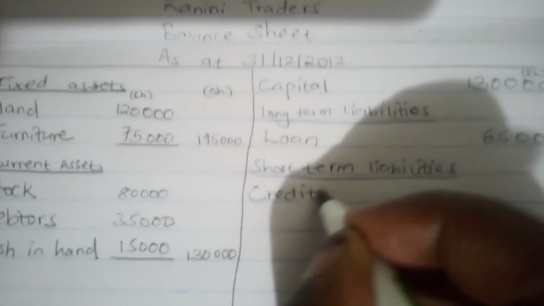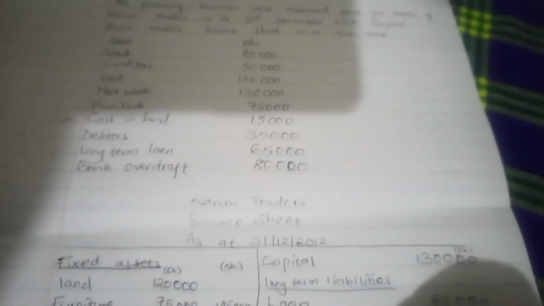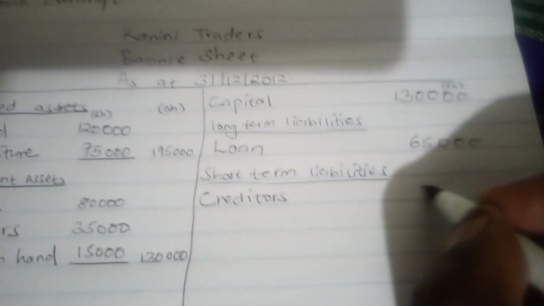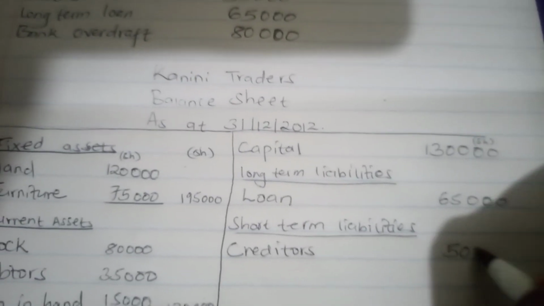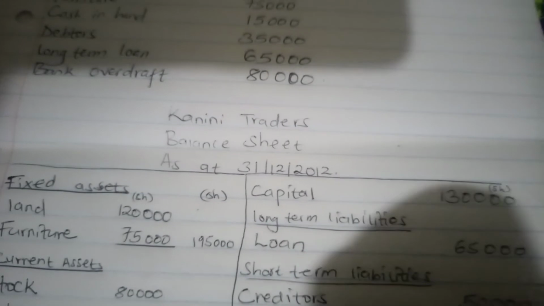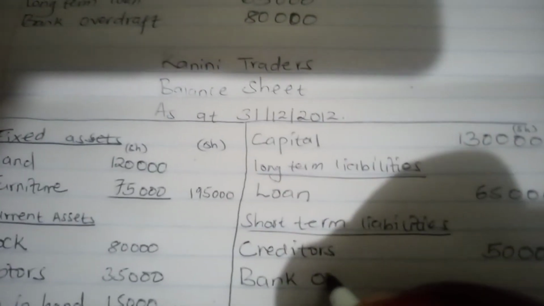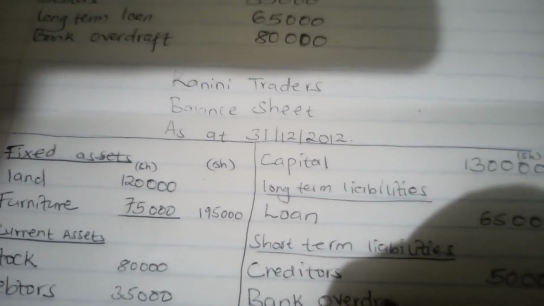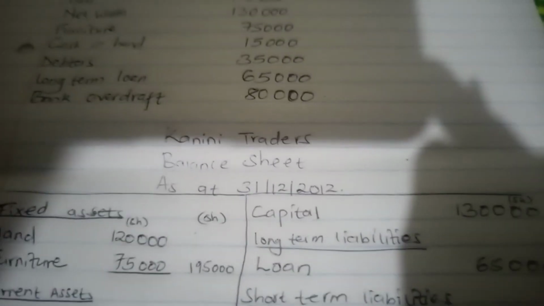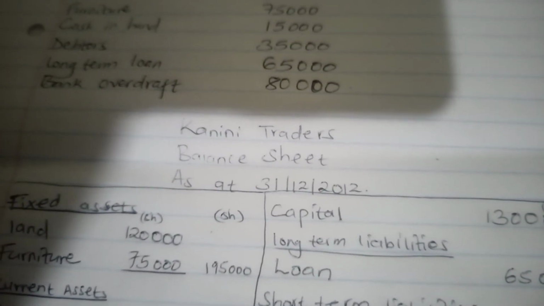So we record creditors, and the figure for the creditors is 50,000. Then a bank overdraft, which is 80,000.